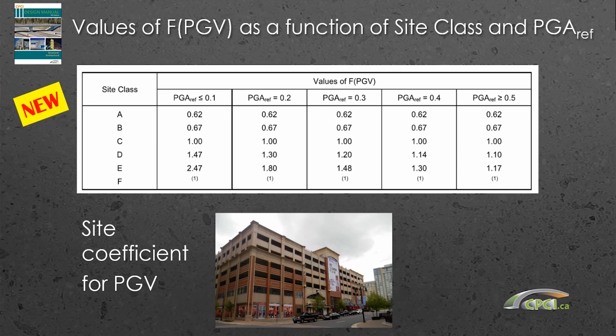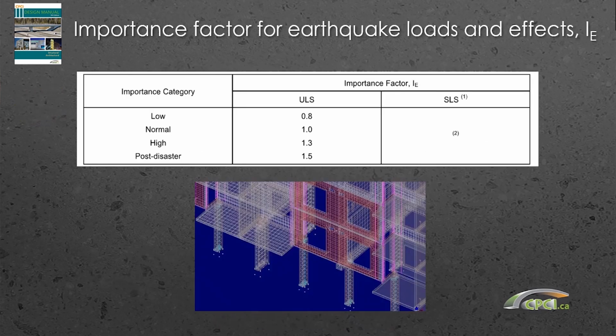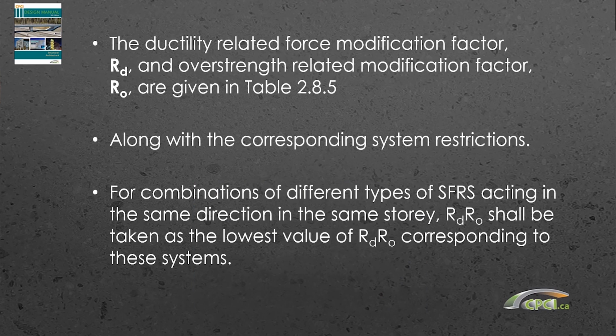Same with PGV, peak ground velocity varying with the soil. So these are all new, and importance factors have not changed. Still have the RD, R naught factors allowing for ductility and overstrength basically, and I think that's still the same, although a few values and some limitations have changed in the NBC table.